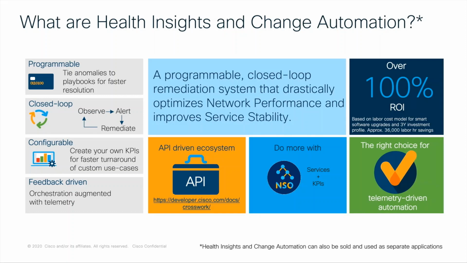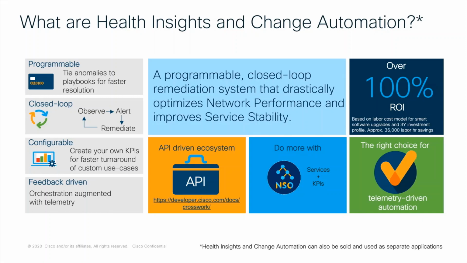Health Insights is a programmable closed-loop remediation system that drastically optimizes network performance and helps you improve service stability. In terms of closed loop, typically the steps involved are: it constantly and proactively monitors the network, alerts whenever there is a breach in the SLA, and remediates it in order to restore the SLA.